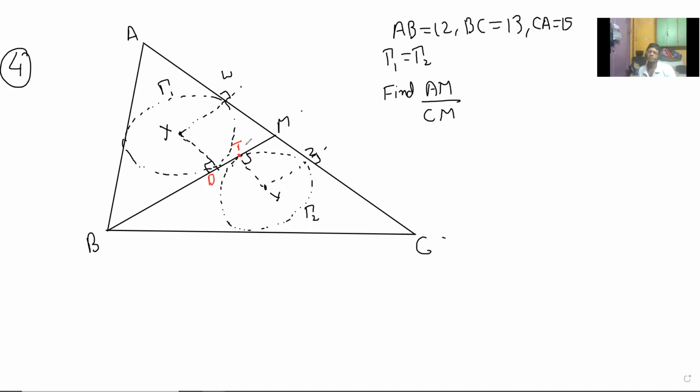But can we do it with maybe power of a point or something like that? So let us think in that direction to find AM by MC. Even so, M is not the midpoint of WZ.